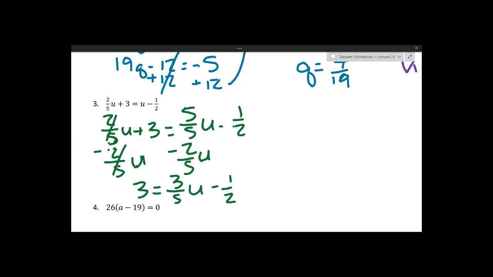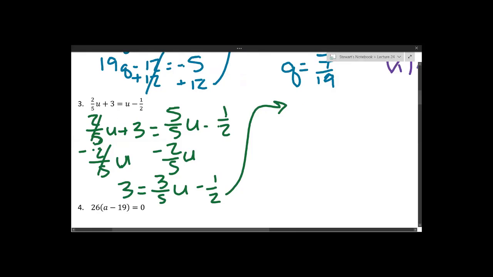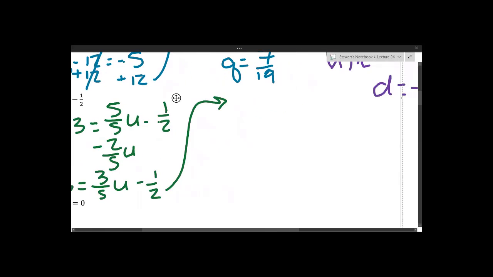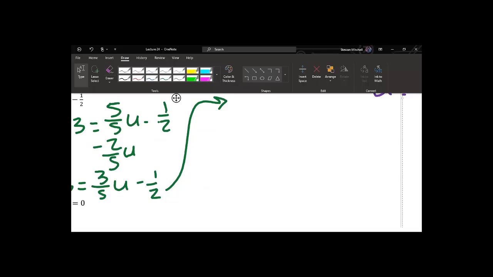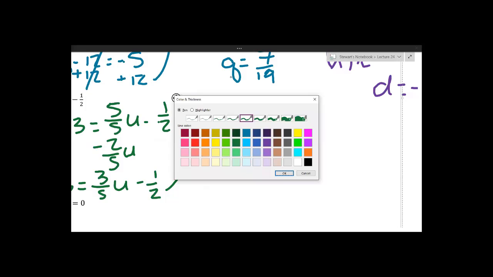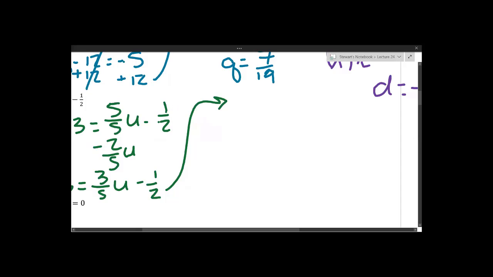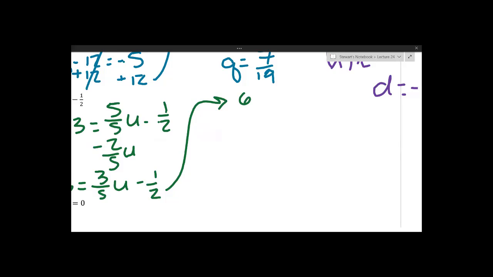Okay, so now, to continue on, we need to add that 1/2 to get it away from the variable. Now, if we think about this, we have 3, but 3 in terms of halves would be 6/2, just to give us a common denominator, is equal to 3/5 u minus 1/2.